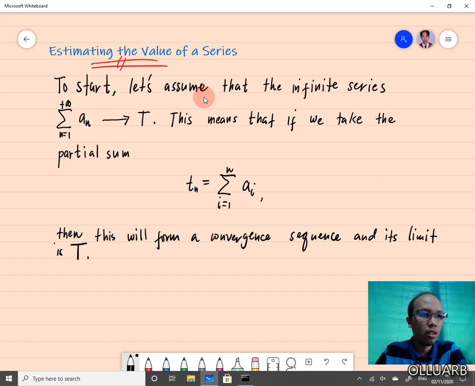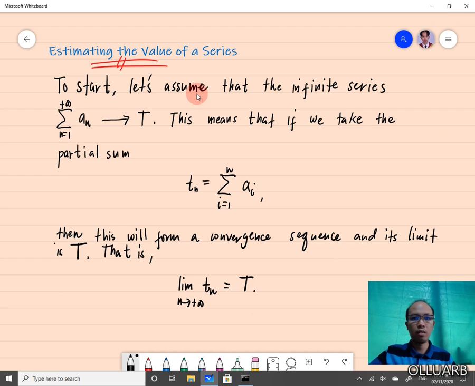What does this mean further? The limit of our sequence of partial sums as n approaches positive infinity is equal to t.